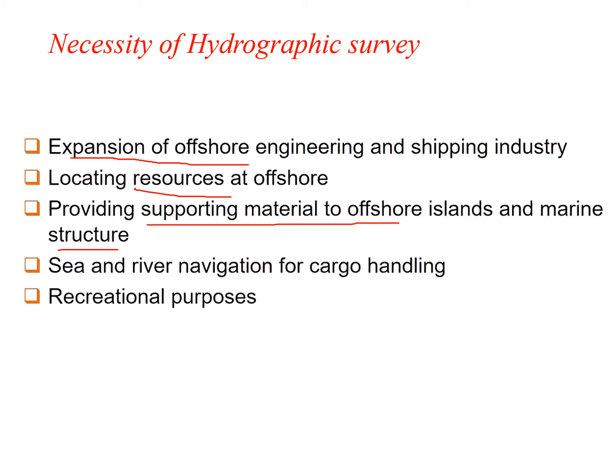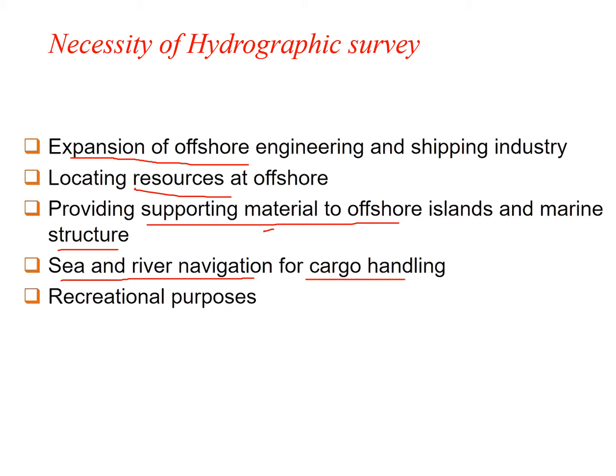Here it means the infrastructure to be developed to serve the industries when they get developed. Then sea and river navigation for cargo handling, which is also needed when any seashore gets developed, for example the port and the harbor. And after this, there are many more things.